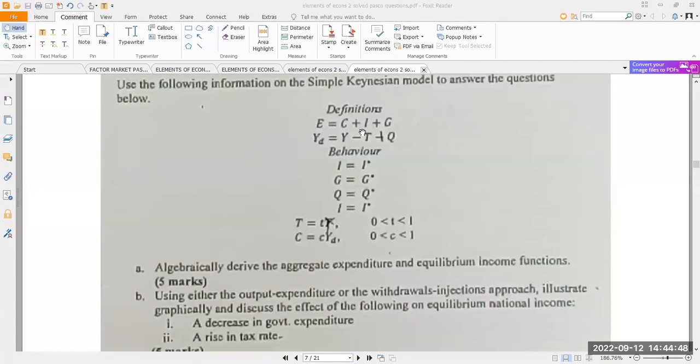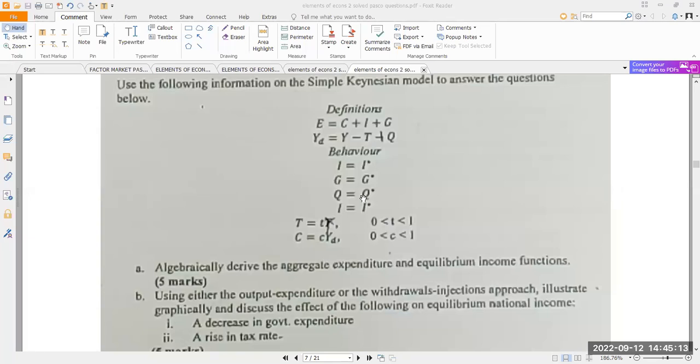Right, so this is the information that we have for the simple Keynesian model. We have been given aggregate expenditure as a sum of consumption, investment, and government spending. Disposable income is income minus tax plus the transfer payment, okay? We take investment, government spending, and transfer payment as autonomous, okay?